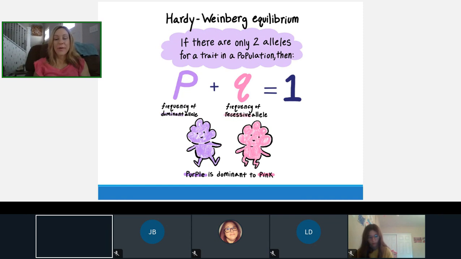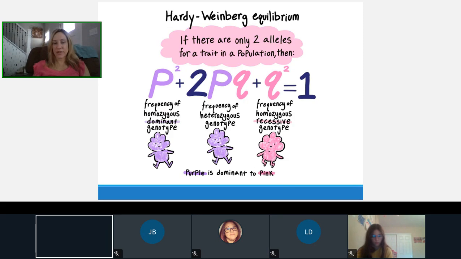So we can say, okay, the P is dominant. It represents the dominant allele. Q equals recessive. That's one of our main takeaways from the lesson today, all right? So P plus Q equals 1. That's our simple equation. Right now is when we get a little fancier, all right?